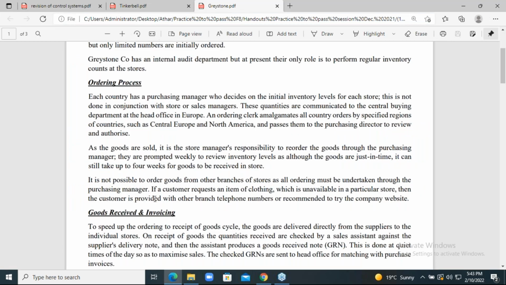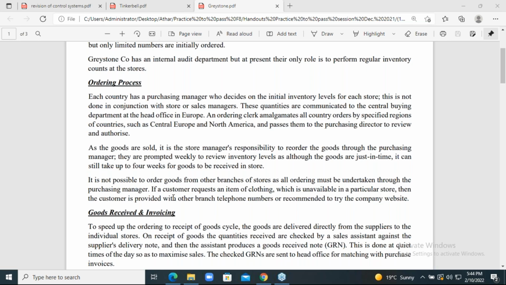So let's go towards the last point of this question before going to the question answering session related to this control deficiency and test of control area. Let's move to another point where we are going to discuss the next deficiency.